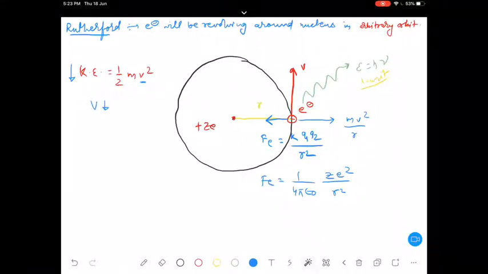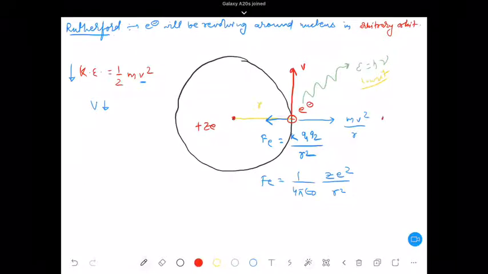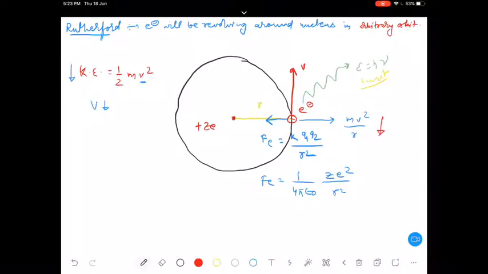If its velocity is decreasing, then this value of mv square by r, where mass is constant and r is this distance, will it decrease or not? Just think about it. This mv square by r value will decrease. Initially we said that the electrostatic force and the centrifugal force were equal.